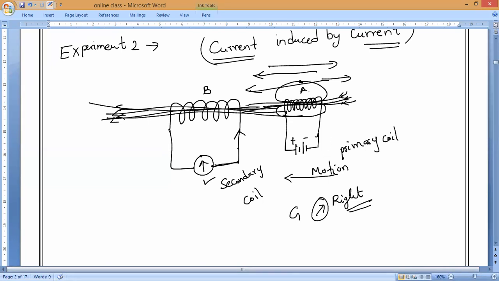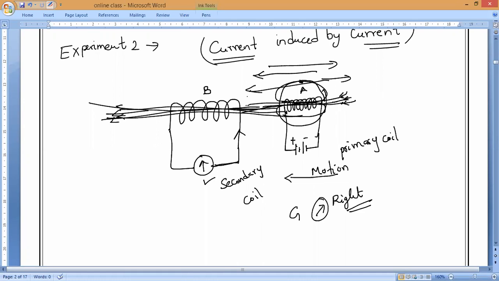So here, how is the current induced, sir? Because the magnetic field created by the first solenoid A will bring a change in the magnetic field in coil B, so that the induced magnetism will act like a magnet.